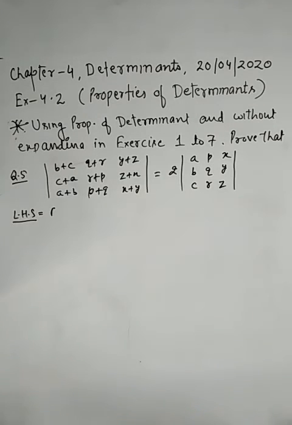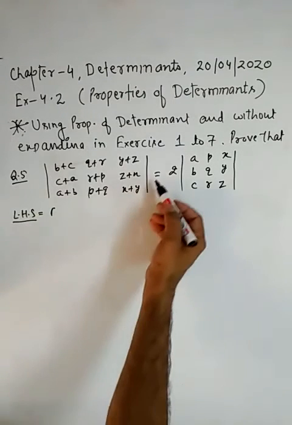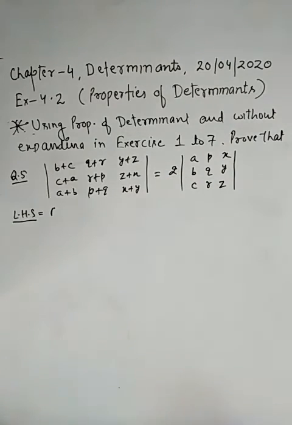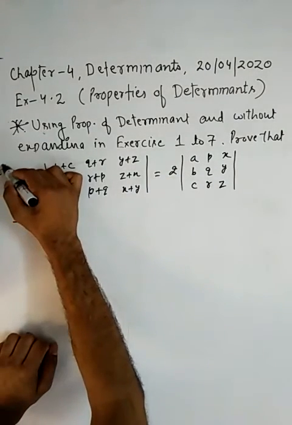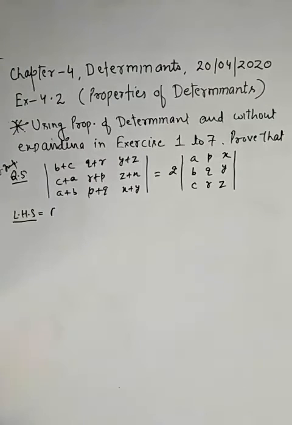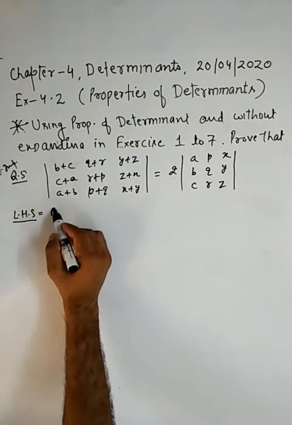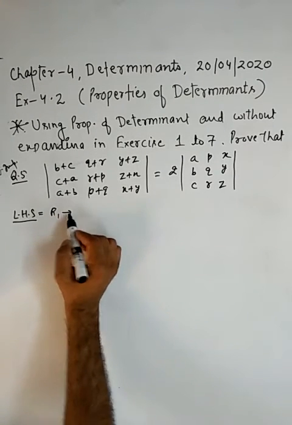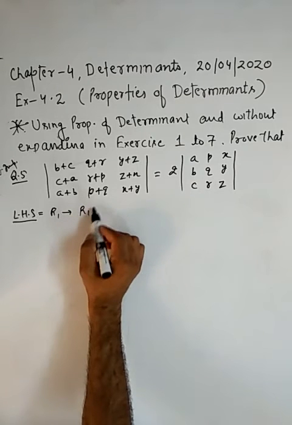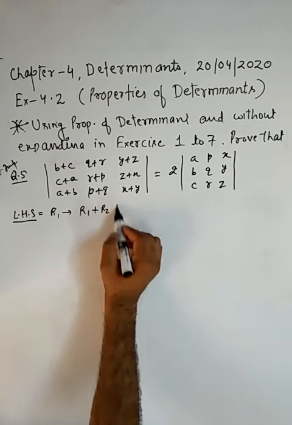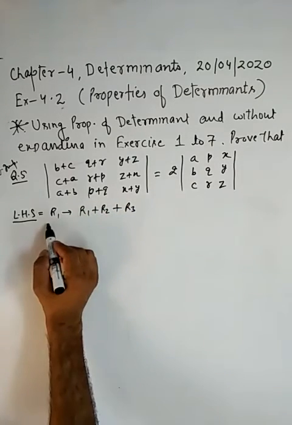Now in question 5, we have to show that this determinant is equal to 2 times of this determinant. This is a very important question. So here the first step is R1 change R1 plus R2 plus R3.